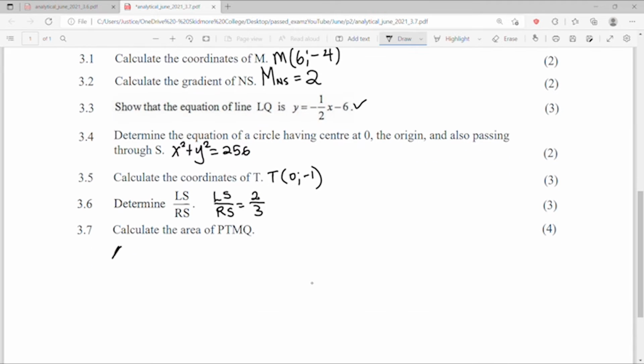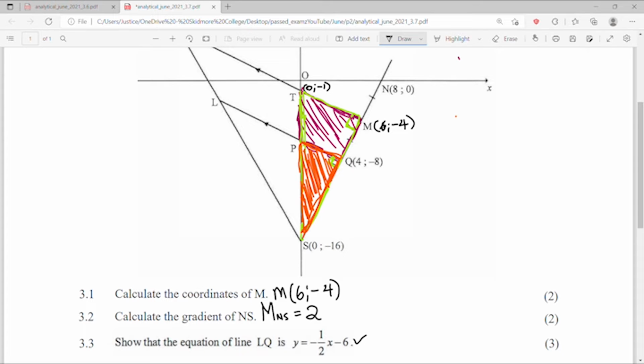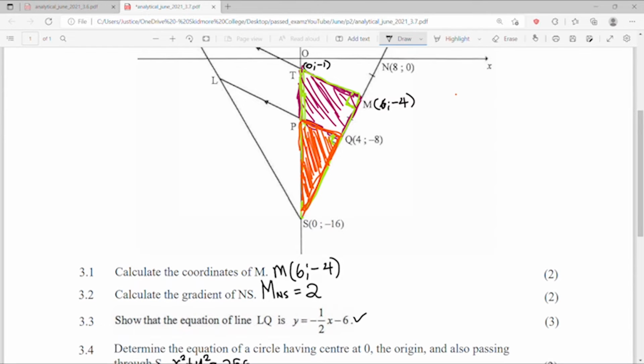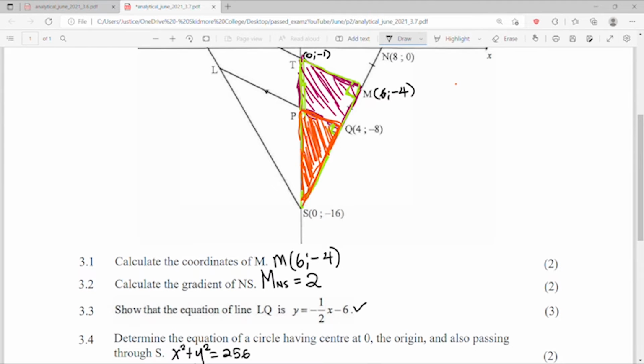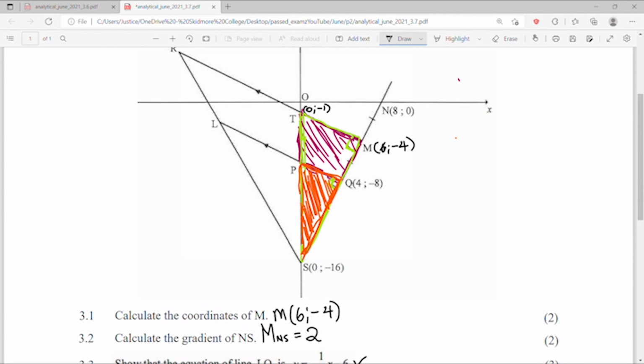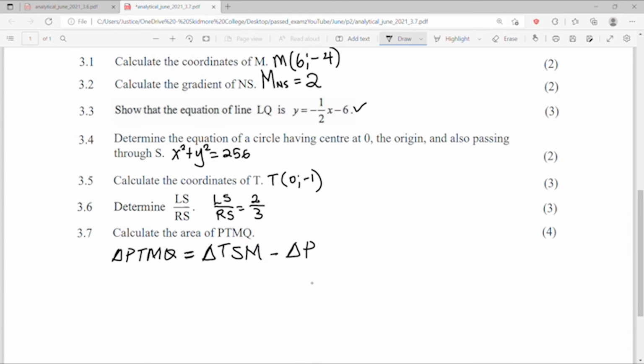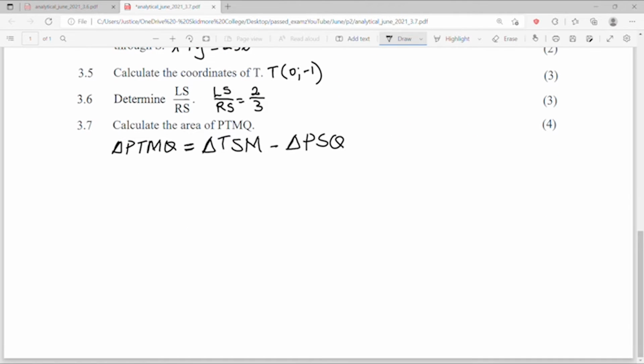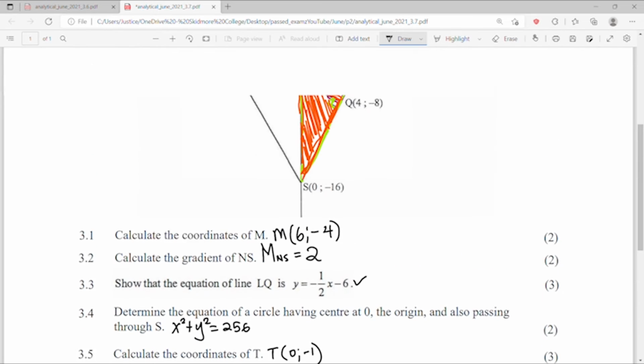So here we're going to say the area of PTMQ is equal to the area of TSM minus the area of PSQ, and then we can expand this and calculate the specific areas.